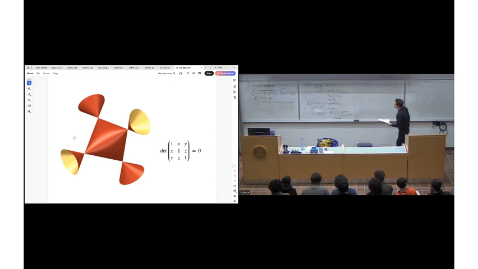We're going to regularize this, just like we did in the linear programming case. So the picture is this.